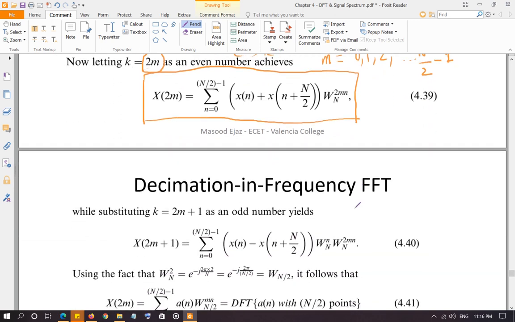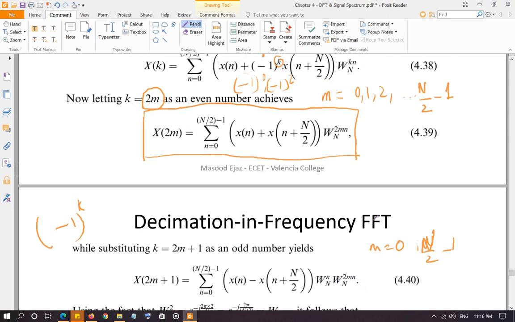Okay, let's move on. For my odd number components, I'm going to choose 2m plus 1. Again, m goes from 0 to N by 2 minus 1. So now for odd numbers, of course, negative 1 to any odd power k is going to be negative 1. So I'm going to go ahead and replace this positive by negative and write this down, right?